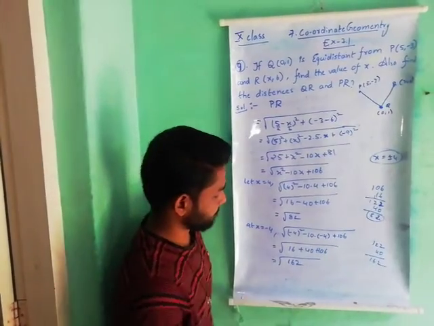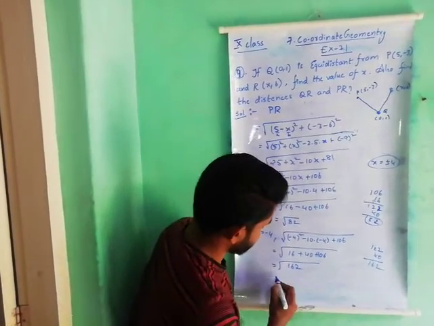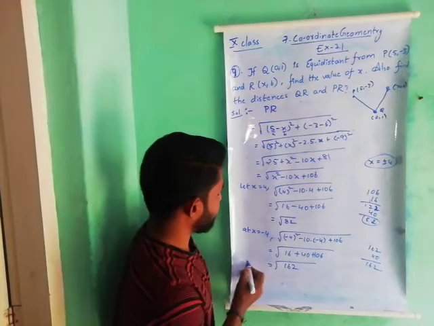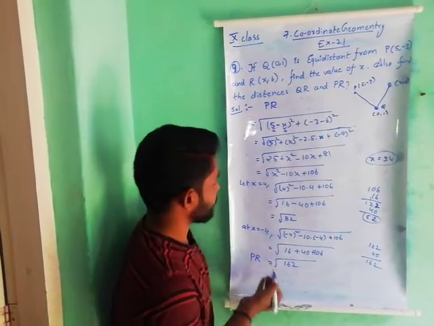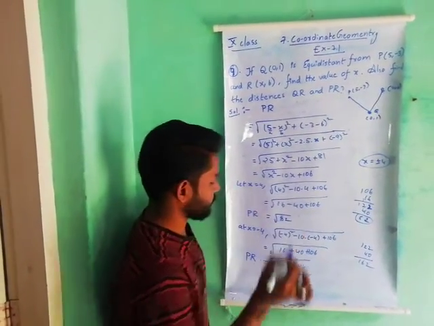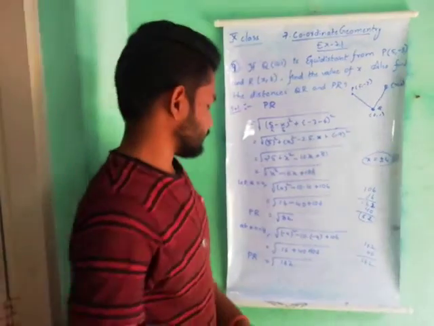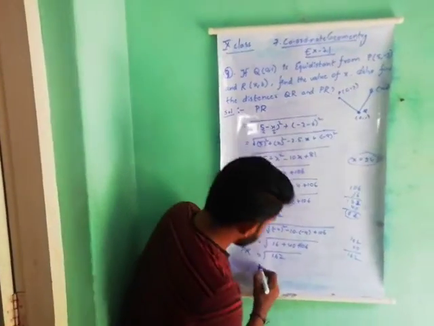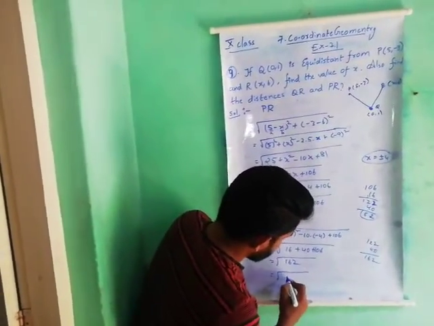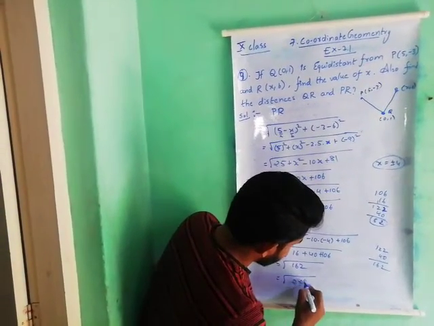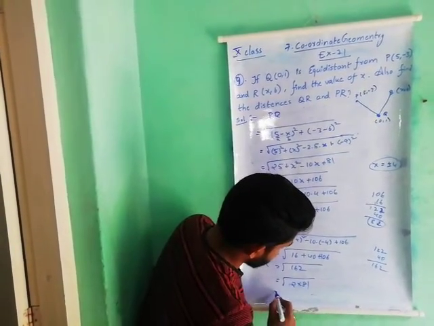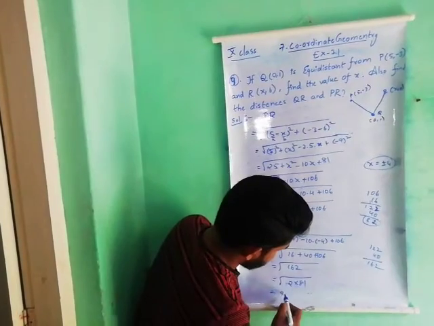Okay. So this is the distance between PR. Understand? If you write it, how much you have to convert it? 2 into 81. Okay. So we are getting 9 root.